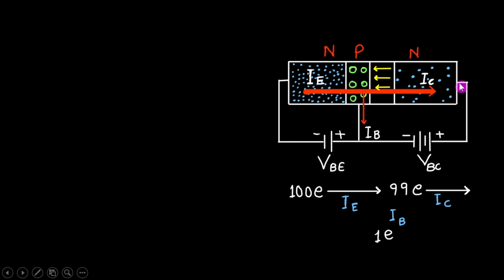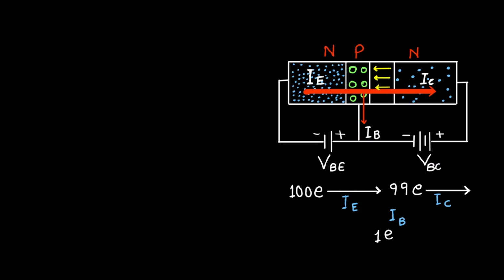Similarly, the positive terminal will attract the electrons towards itself, and as a result the p-n junction will increase in size. Therefore this is reverse bias. So in the transistor, the emitter to base junction is forward biased, and the base to collector junction is reverse biased.